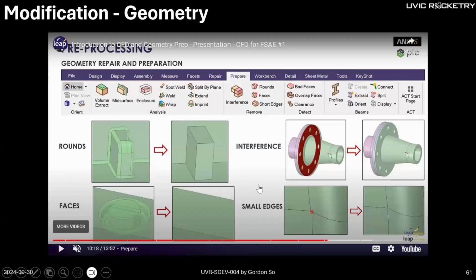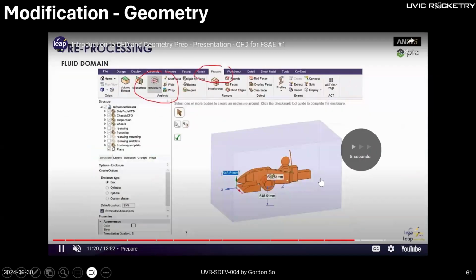So that's something to modify, because you cannot simulate it and the math will not generate, because there's no such thing in the real world as zero thickness. That's basically some of the modification that you would need.